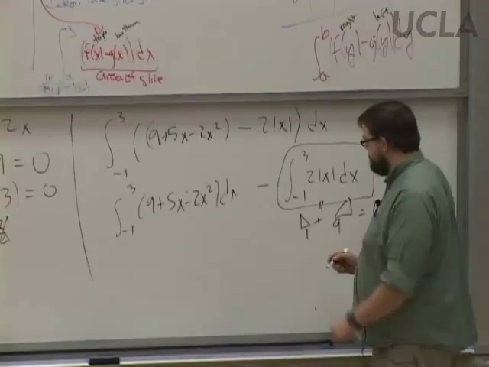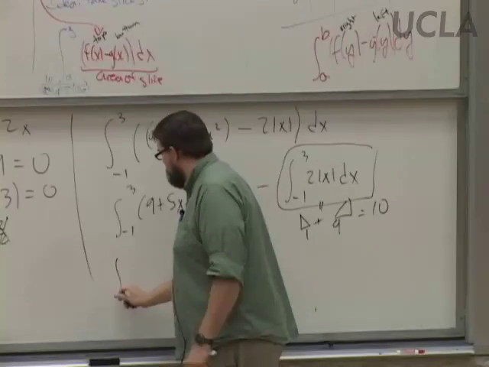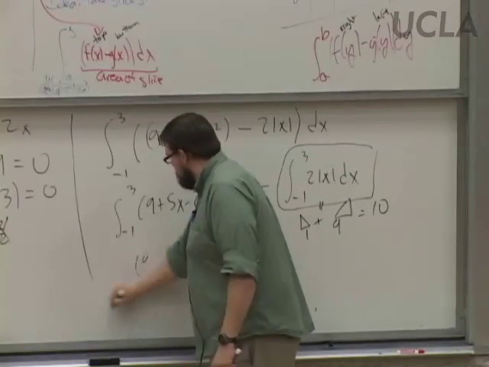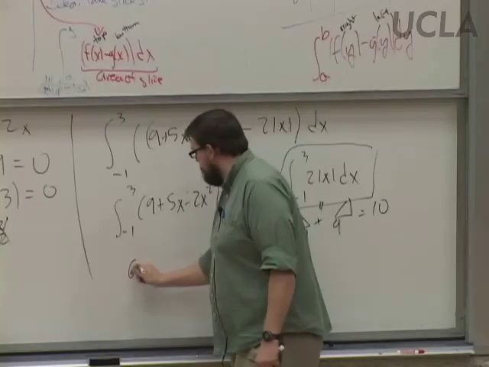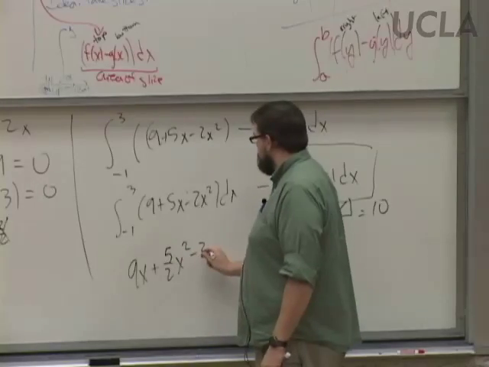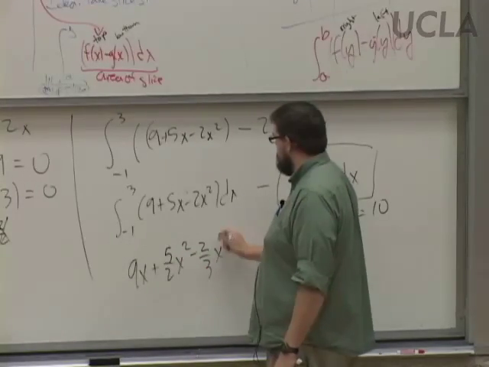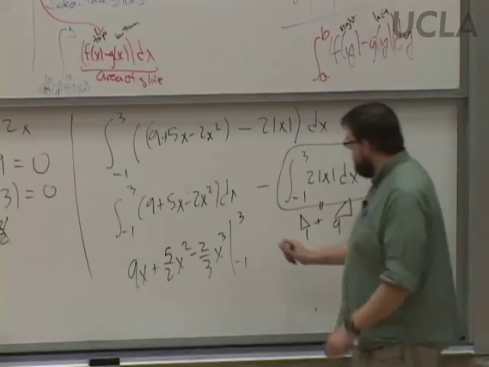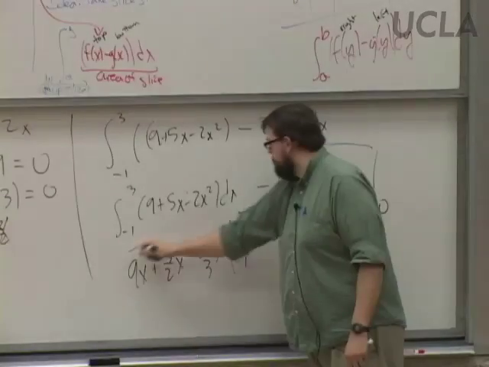Okay. Now let's do this integral, from -1 to 3. We're ready to take the integral. So this is 9x plus 5/2 x squared minus 2/3 x cubed, evaluated from -1 to 3. And then, of course, we have this minus 10 on the end.